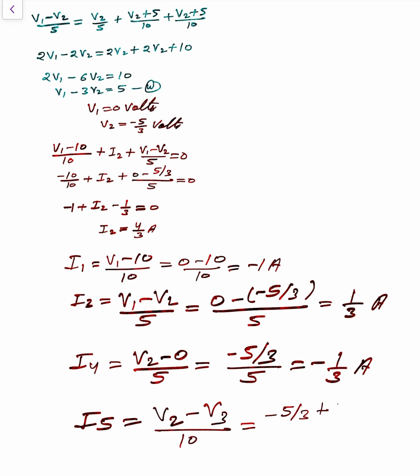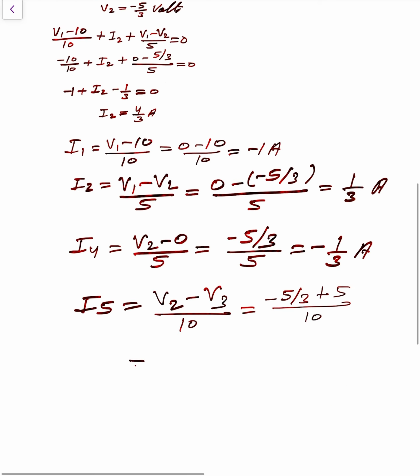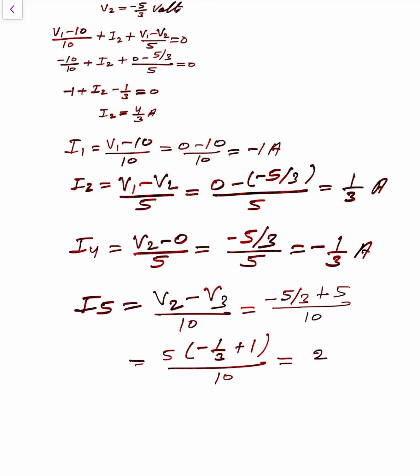So that is plus 5 divided by 10. Now if you take minus common, minus 1 by 3 plus 1 divided by 10. We got 3 minus 1, that is 2 by 3 into 2. That is, we got 1 by 3 ampere. Clear or not? That is I5.